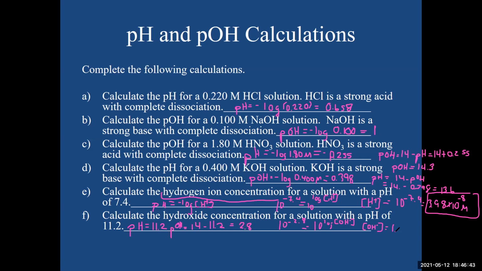I don't know. I tried it again and I still got the same thing. What did you get again? I got 0.0015, but I just rounded it to 0.002. I got 1.58 times 10 to the negative 3.